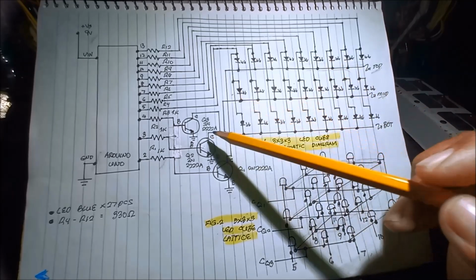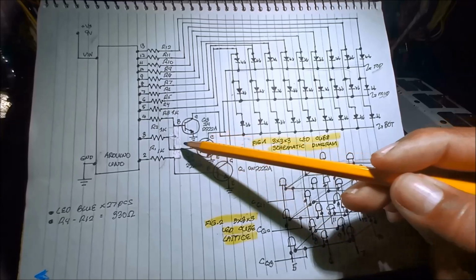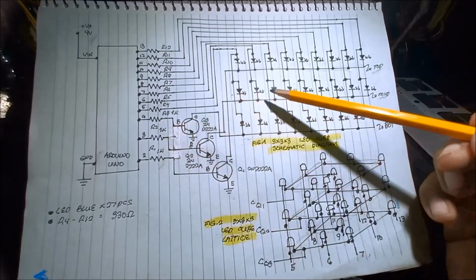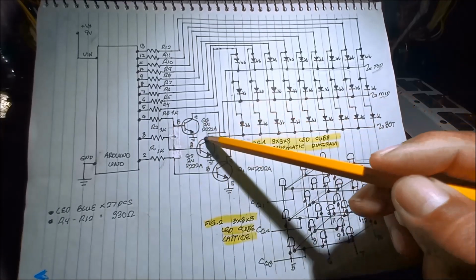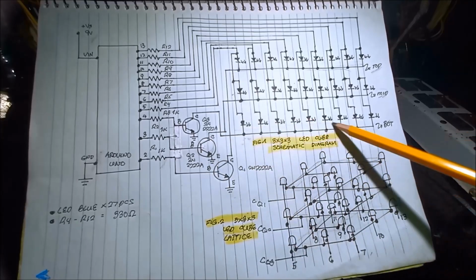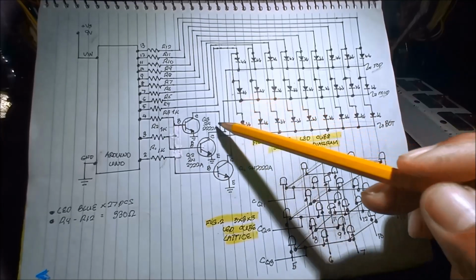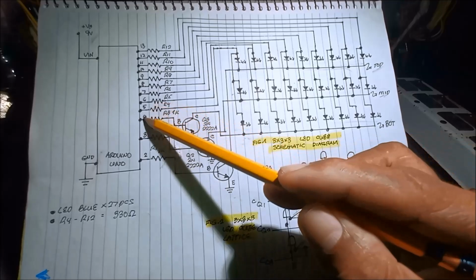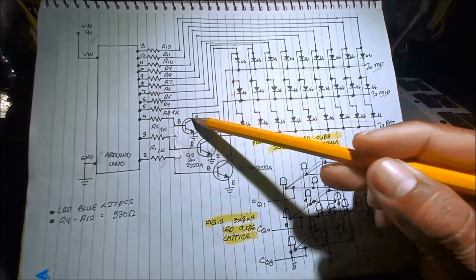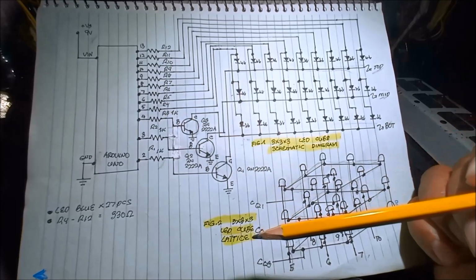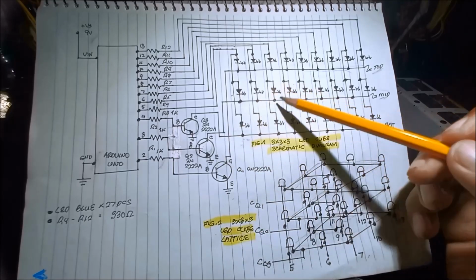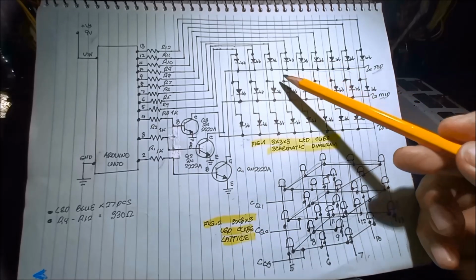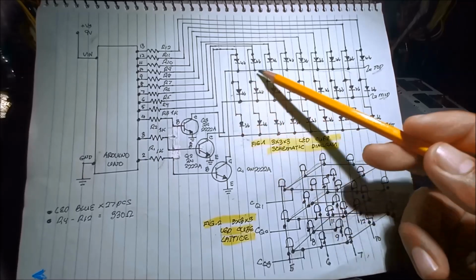So you can see, and then we are using a transistor. For the second, for the middle, we have another transistor. And then for the third, the bottom, another transistor from pin number 4. Why are we using transistors here?